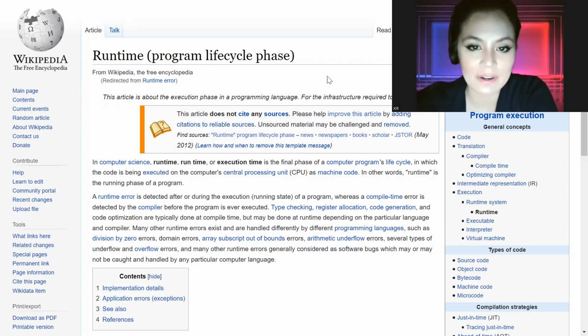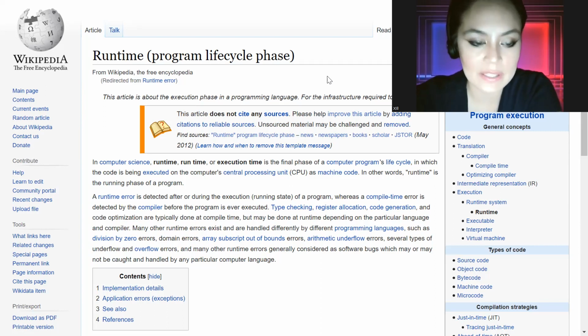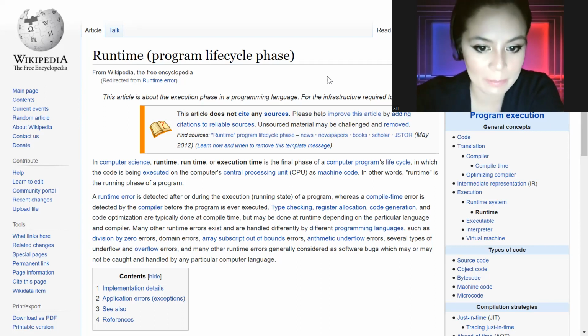So program lifecycle phase refers to what runtime is a part of. So this final phase of a computer program's lifecycle in which the code is being executed on the computer's central processing unit as machine code. In other words, runtime is the running phase of a program.